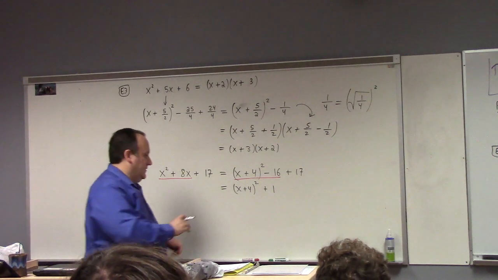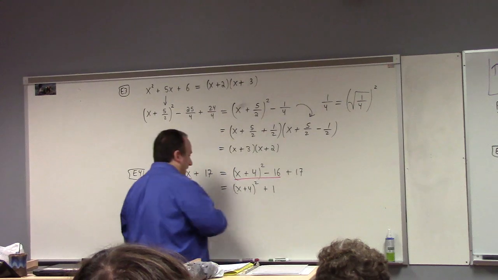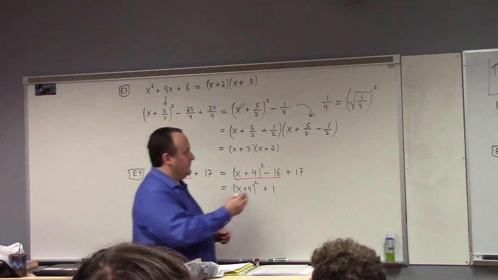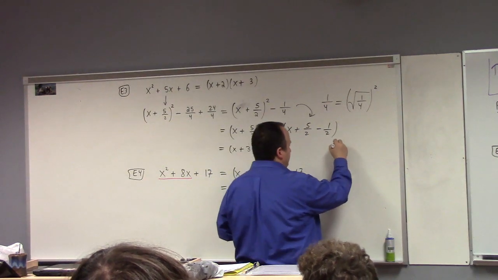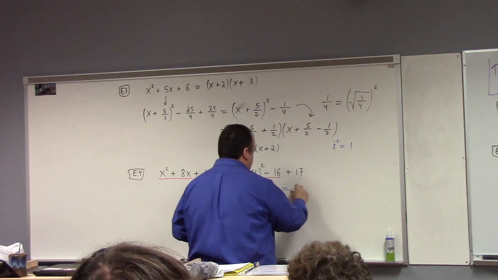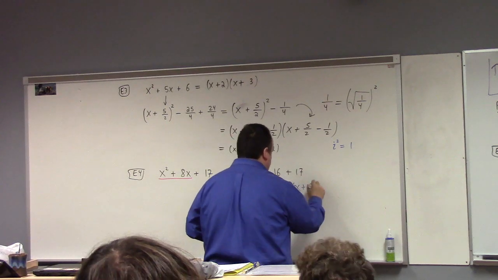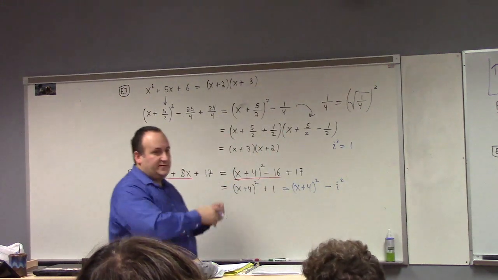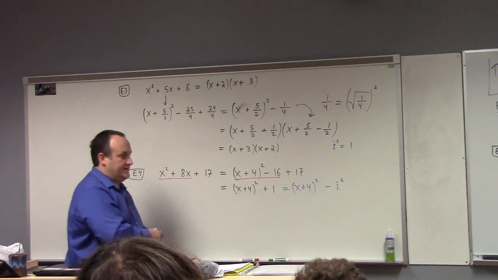So what you do is you introduce i. How do I rewrite 1 as a square? Well, remember i squared is what? -1. So really this is x plus 4 quantity squared minus i squared. Now it's the difference of squares, and I can factor it.